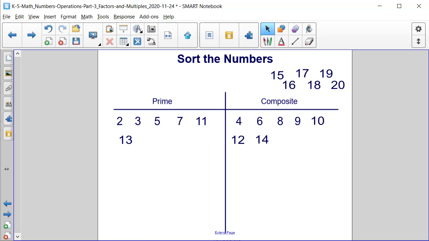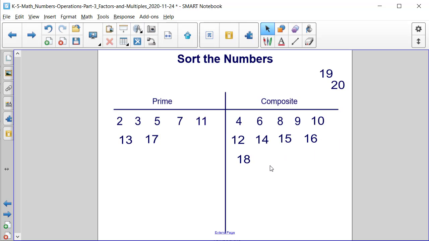14 is a composite number because it's divisible by 2 and 7 in addition to 1 and itself. 15 is also a composite number because 3 and 5 go into 15 aside from 1 and itself. 16 is a composite number. Its factors are 1, 2, 4, 8, and 16. 17 is a prime number since it's only divisible by 1 and itself. 18 is composite because it's divisible by more than 1 and itself.